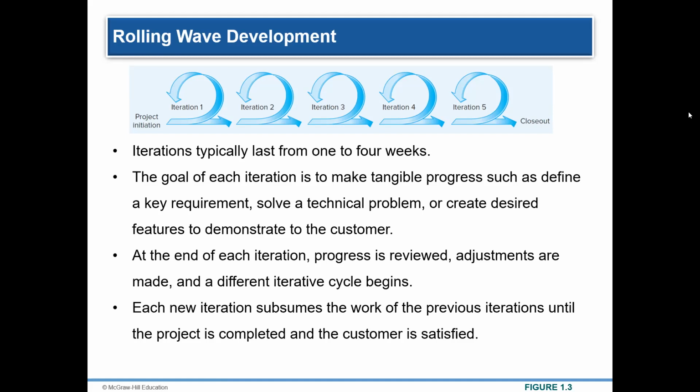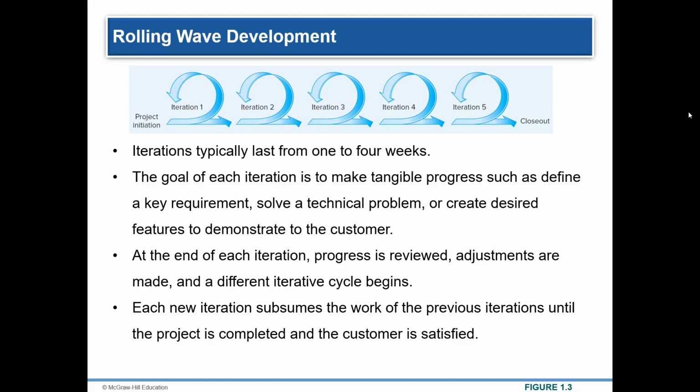So the goal of each iteration is to make tangible progress to the next iteration, such as defining key requirements, solving technical problems, creating desired results and features, and demonstrating to the customer what we have done, okay? So a lot of times, it might mean that you don't have a solution out there, but one iteration will lead to another. So for example, a cure for cancer can be done as an iterative agile project, because we take research and we build on the research to get to something else in the future, okay?